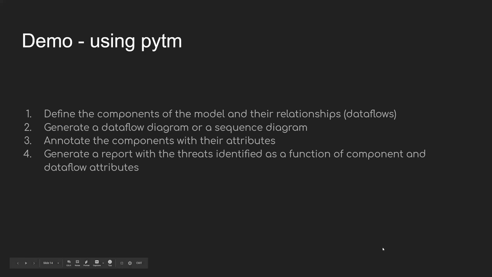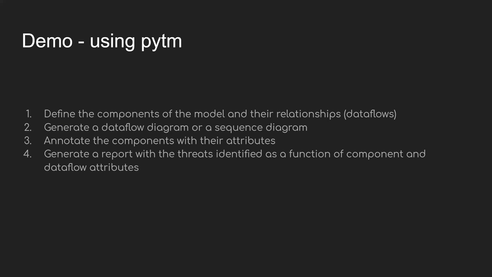Now, what I want you to have in mind is that pytm is, rather than a system, a library. So you import pytm, and it becomes part of your script, and that script itself is going to describe the system that's going to be analyzed later on.